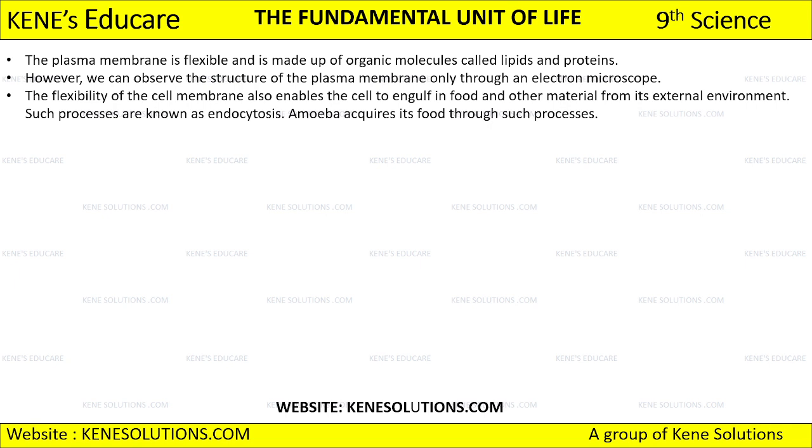So amoeba engulfs the food from its external environment, and this process of obtaining the food we call endocytosis. I hope everyone has taken the definition of endocytosis. So please go through the slide as well.